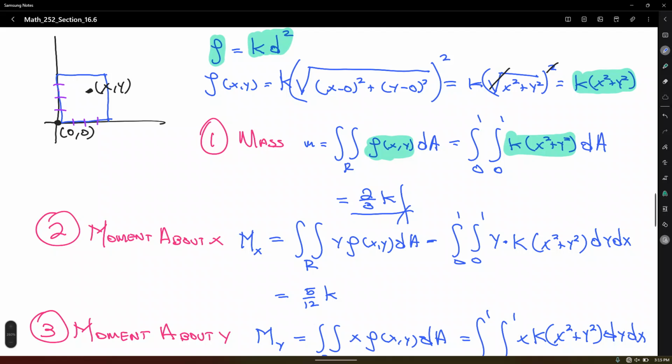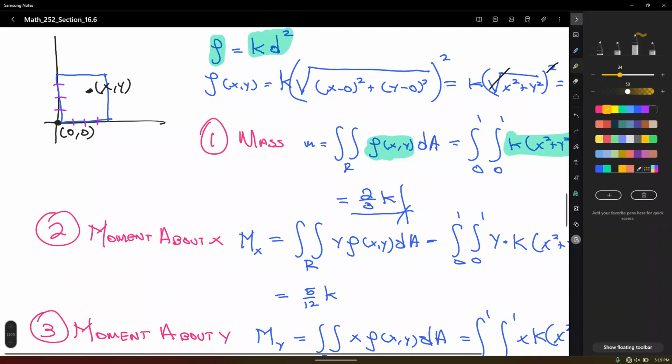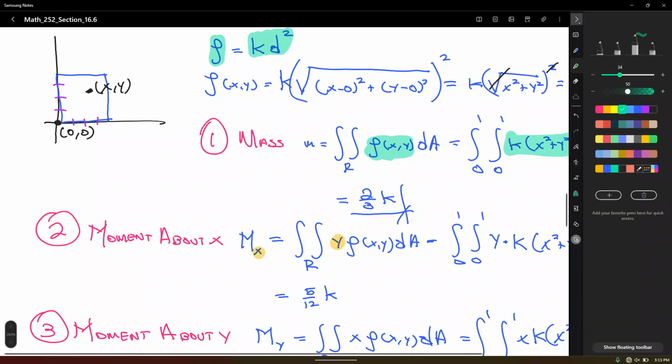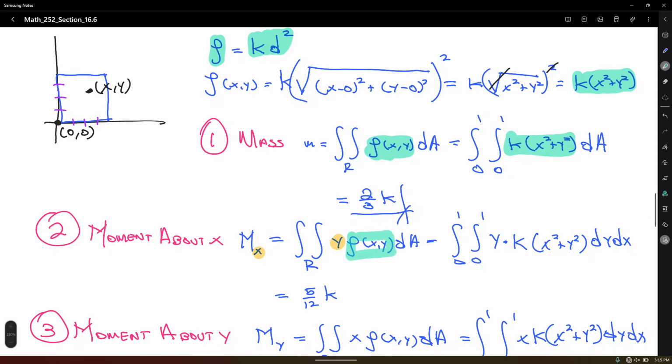Okay, number two, let's find the moment about x. Again, be careful, because the moment about x involves a distance y. And again, I will replace this density function rho of x, y, which will be k times x squared plus y squared.